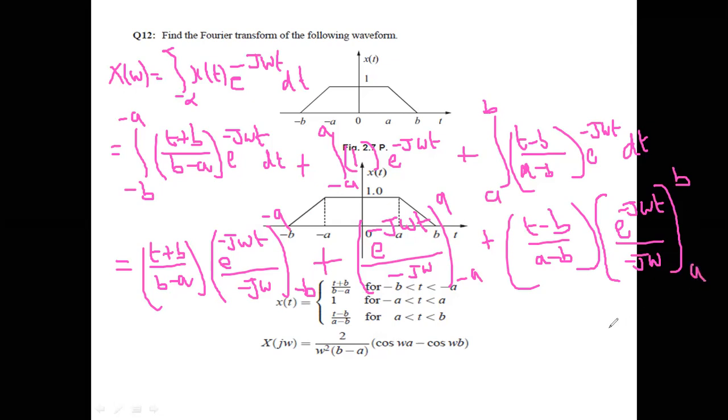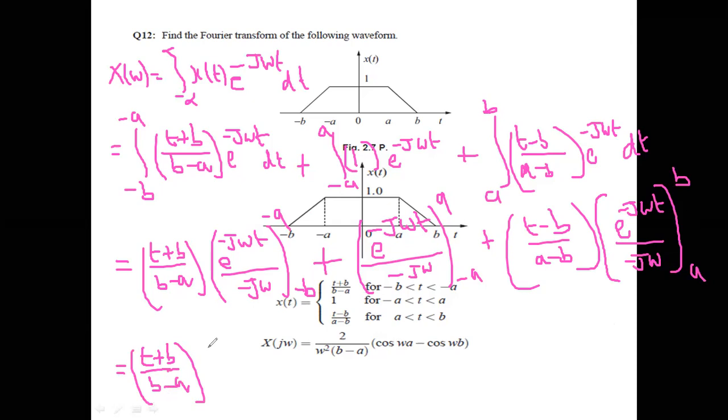Now apply the upper limit and the lower limit in the e power minus j omega t. So carefully you have to simplify this equation, otherwise you'll get it wrong.